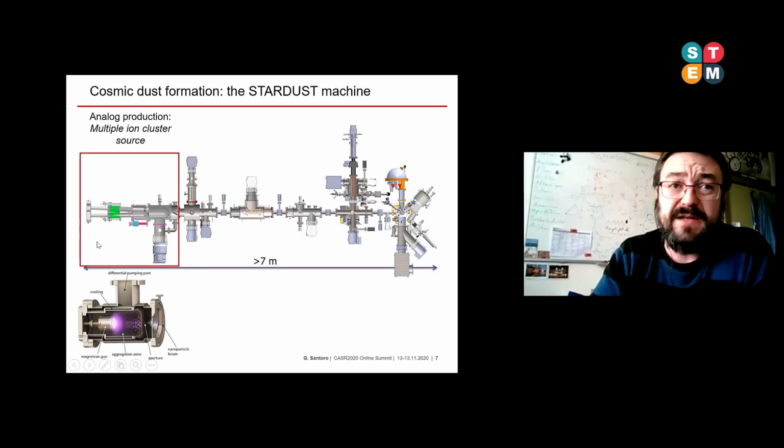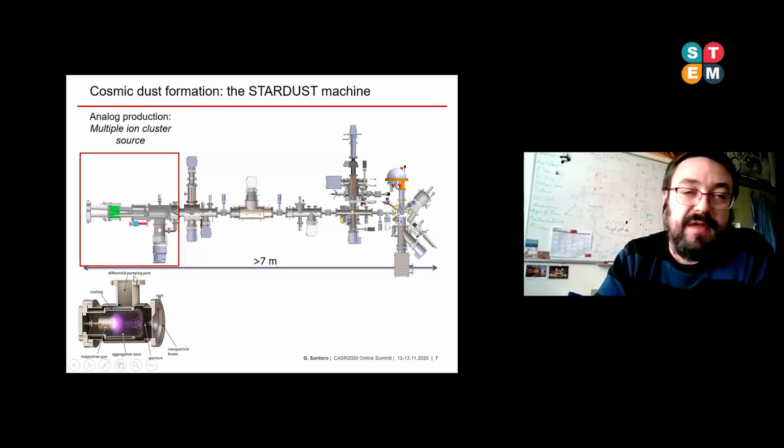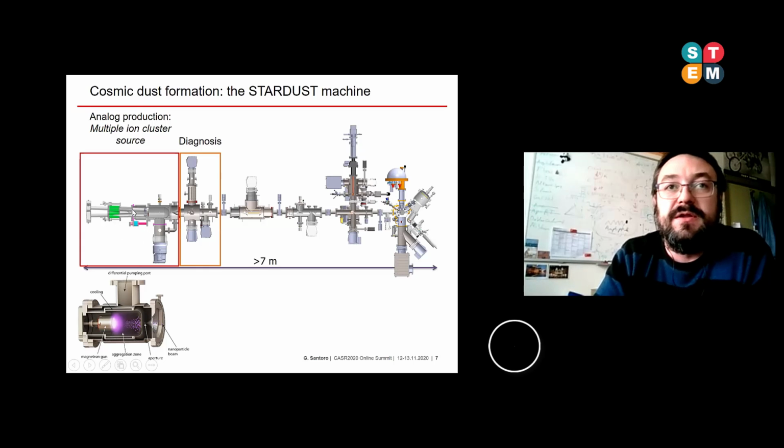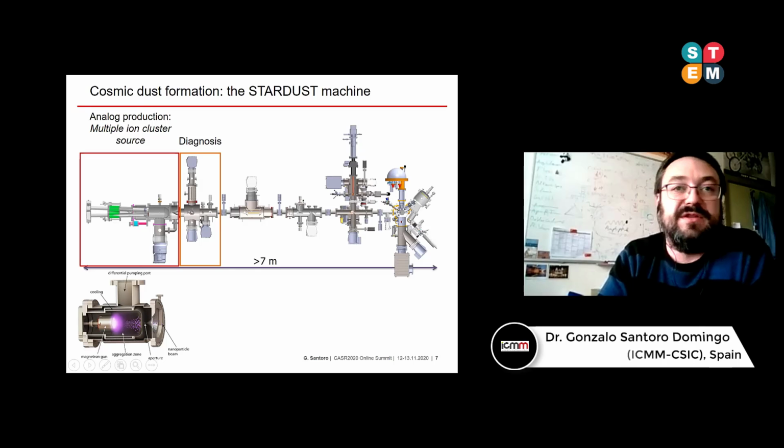So, as I have said, the first part is a kind of aggregation source called a multiple ion cluster source that produces a nanoparticle beam that travels along the rest of the machine. Here is where we synthesize, we fabricate our analogs. Then we have a module to diagnose all the properties of this beam of nanoparticles.